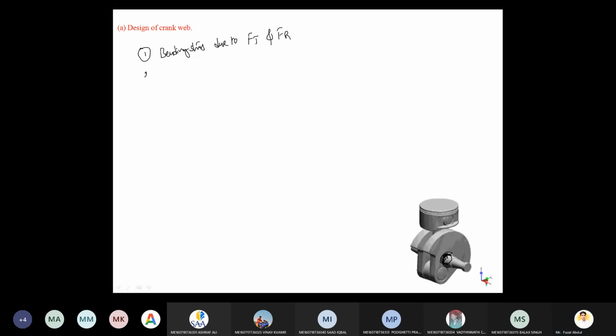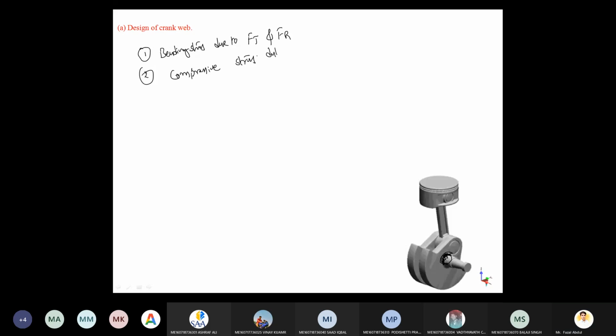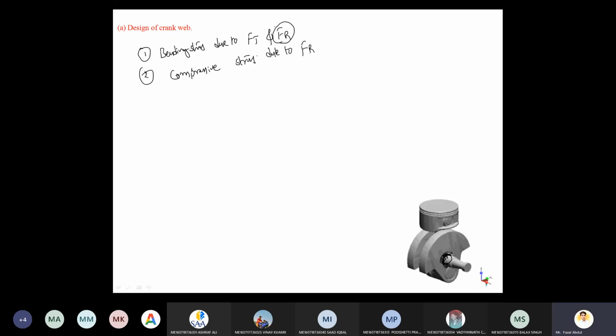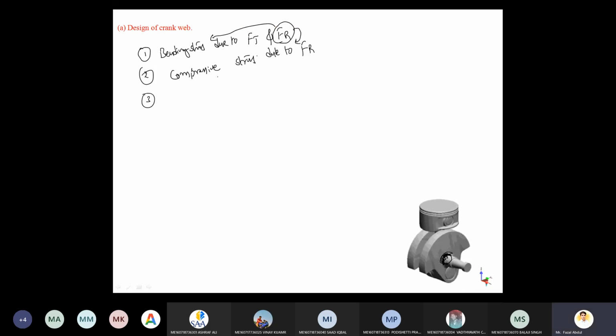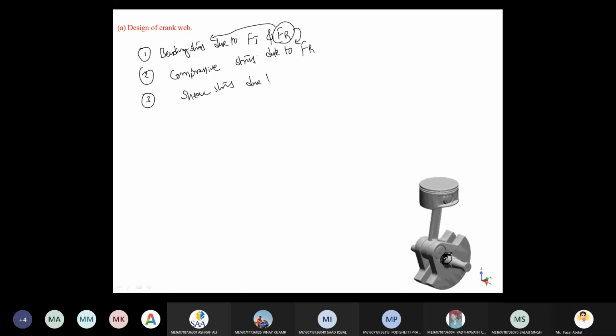And the second, compressive stress due to the radial force. So see here, due to the radial force there will be a bending stress and there will be a compressive stress. And shear stress due to twisting moment.